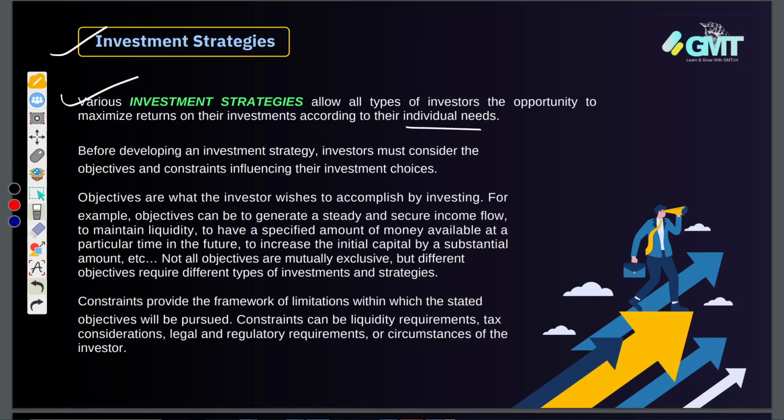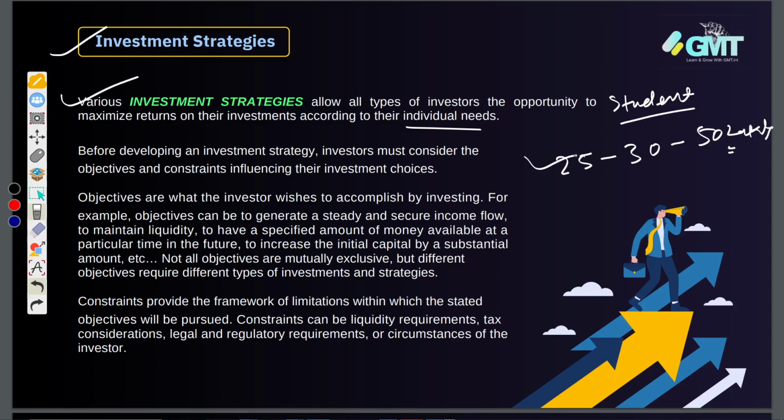If I take the example of, let's say, a student, can a student take a huge risk? I'm sure no. If I take the example of a person who is 25 to 30 years old and earning 50 lakhs per year, of course this guy can take a huge risk, right?